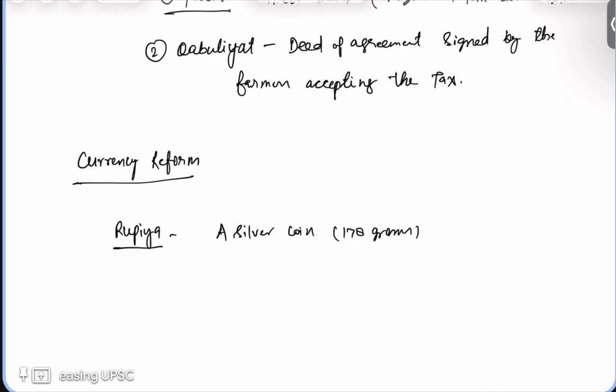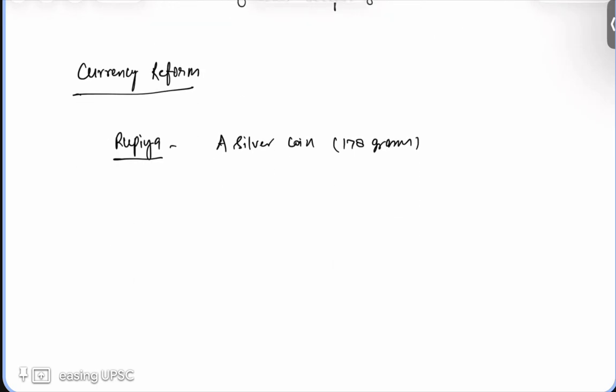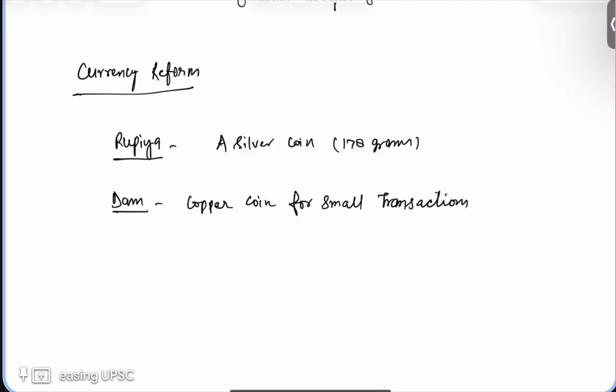This remained standard currency for the Mughals and the British and is the precursor to the modern rupee. Dam. What was this? A copper coin, used for small transactions. Then gold mohor is gold coins.